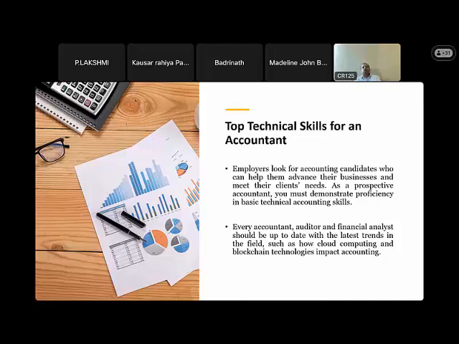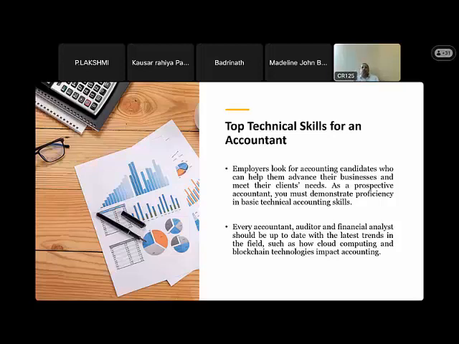Usually, if you see what technical skills you need in accounting, first of all, employers look for accounting candidates who can help them advance their business and meet their clients' needs. As a prospective accountant, you must demonstrate proficiency in basic technical accounting skills. We will discuss in detail what kind of technical accounting skills.